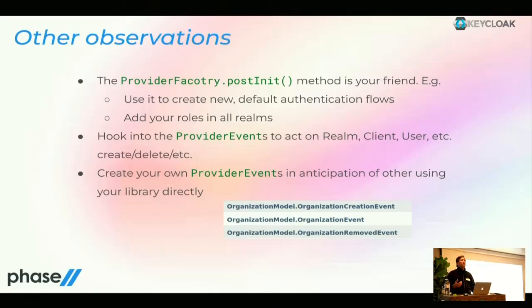So when you load some of the providers, we go in the post init method and we set up default authentication flows. So you aren't going to be wondering, okay, how do I go and fit the magic link or the home IDP discovery client into the right place in the authentication flows? And so it's a way of communicating to the user in an easier way without requiring them to go read documentation.